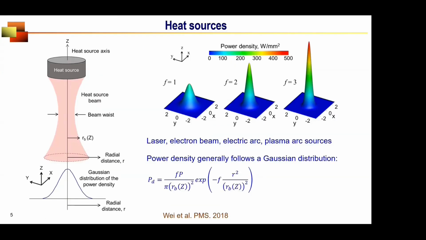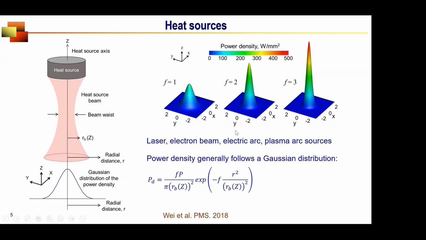If we focus only on the heat source, it can be characterized in general terms in terms of this profile on the left. There is a minimum cross-sectional area here that we call beam waist. We have a distribution of power density given by a Gaussian profile that depends on the axial position and also on the radial position.